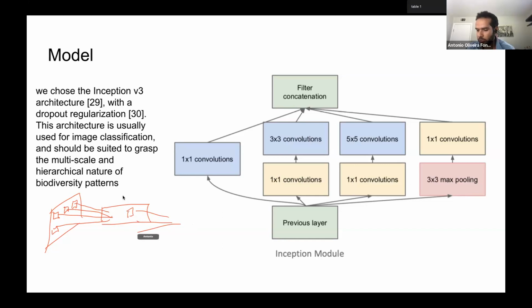You guys remember that the kernel, which is essentially this little window that I use to convolve, is usually much smaller than the image per se. To the point that, for example, in the previous paper that we discussed, this image was 256 by 256, and we are convolving with a kernel of 3 by 3, right? So it's much smaller than the image.